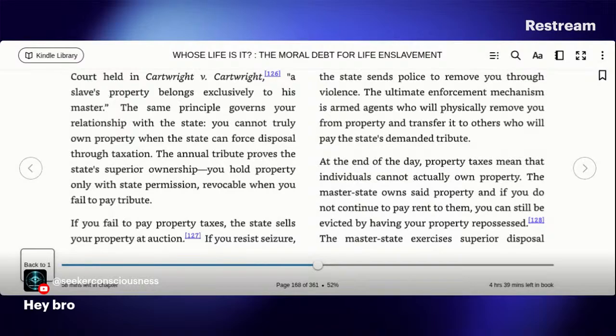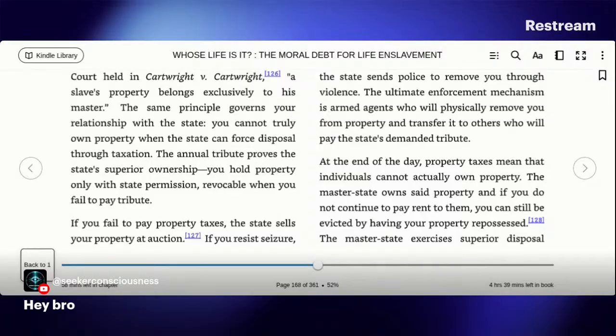If you fail to pay property taxes, the state sells your property at auction. If you resist seizure, the state sends police to remove you through violence. The ultimate enforcement mechanism is armed agents who will physically remove you from property and transfer it to others who will pay the state's demanded tribute. At the end of the day, property taxes mean that individuals cannot actually own property.